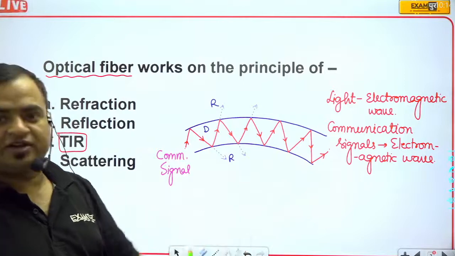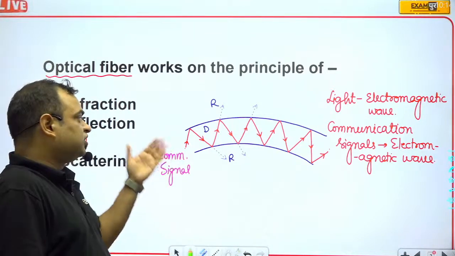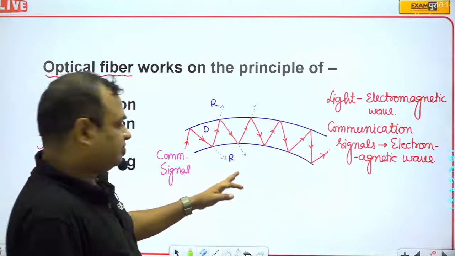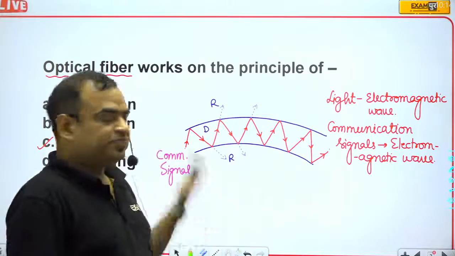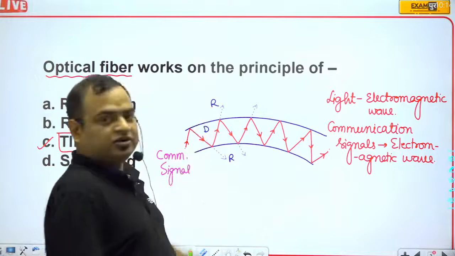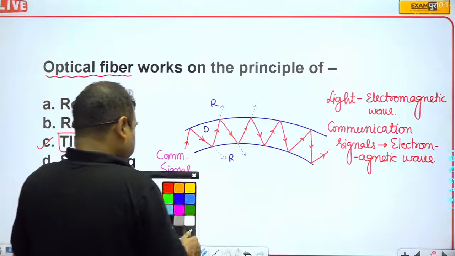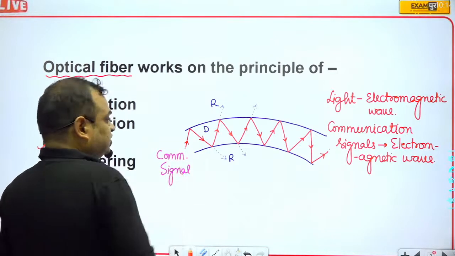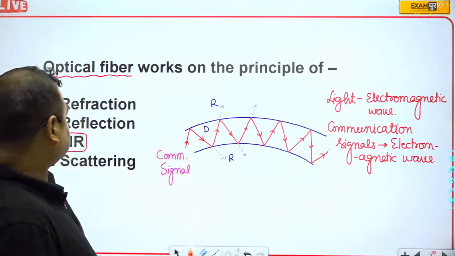Then which one was correct? The correct answer was when the light ray tries to go from denser medium to rarer medium but it is not possible, and the light ray returns back to the denser medium. Okay, so in this way it happens.